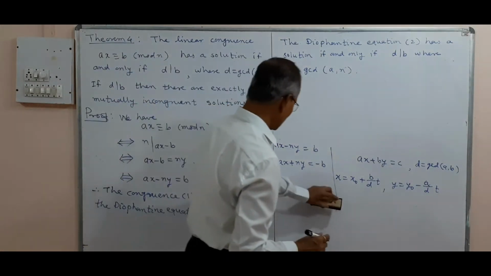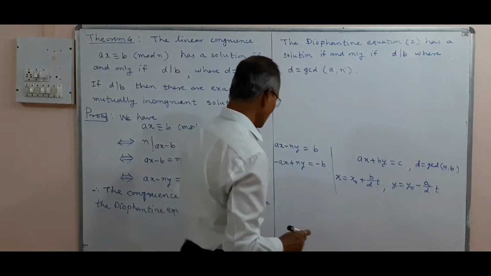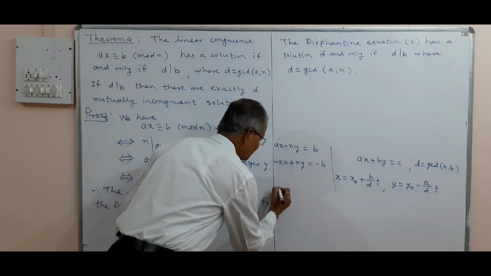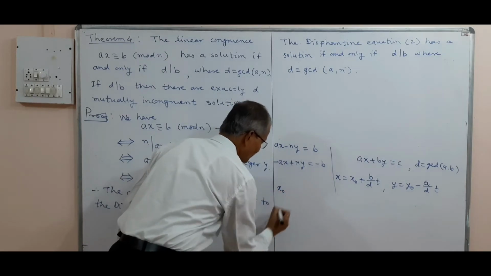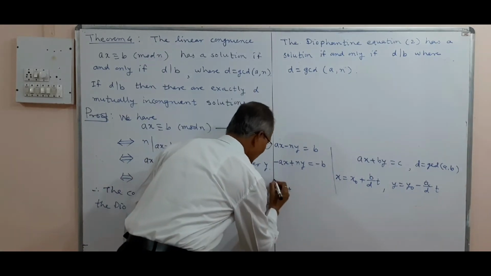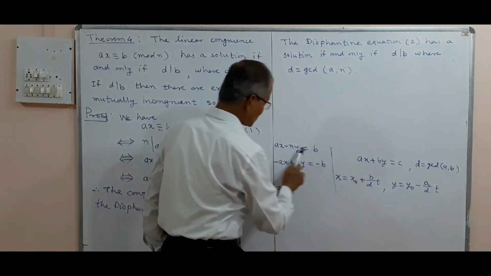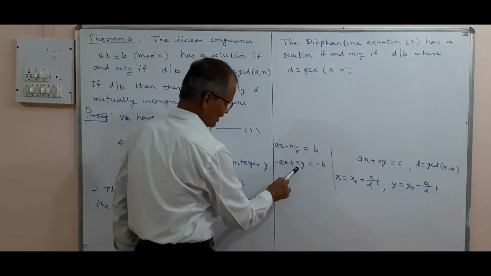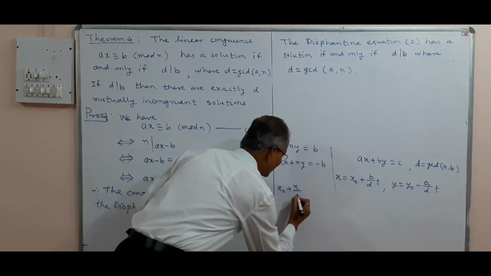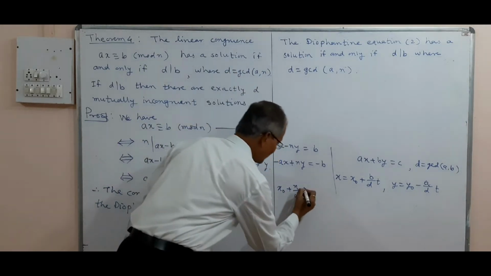And what will be the solution according to this? X is equal to X naught plus, what is B here? B here is, you see in this equation, N by D. The notation is the same.